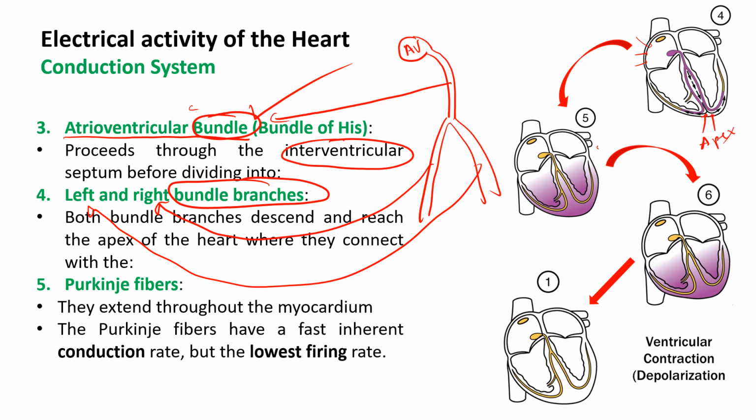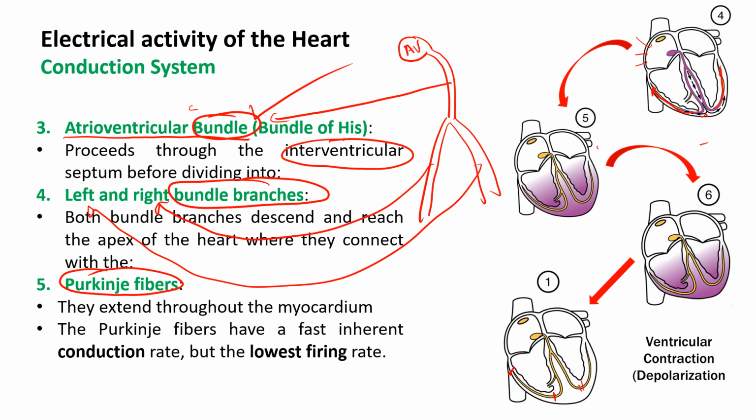Once they reach the apex of the heart and turn to expand through the ventricular wall, they're going to be called Purkinje fibers. So, in other words, from here to here, all of this is what we call the Purkinje fibers.